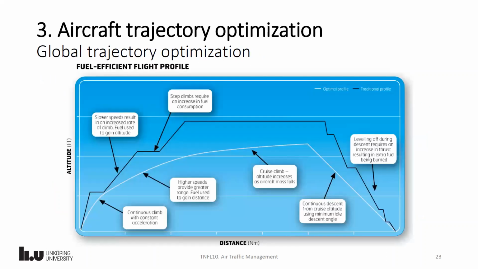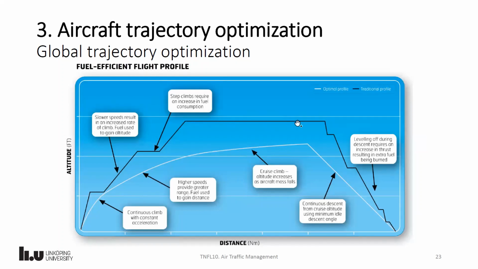So this is what a global trajectory optimization could look like, considering what we saw. The black one is the traditional trajectory profile. We have stepped climb that requires an increase in fuel consumption, and this is not efficient in terms of fuel.